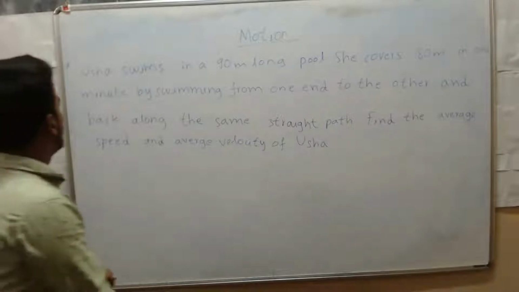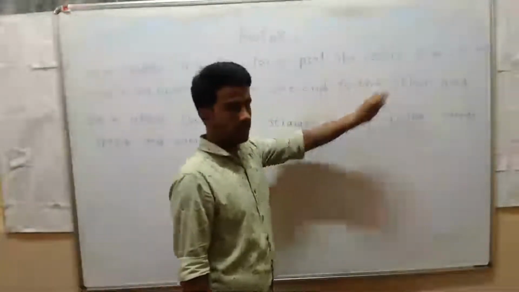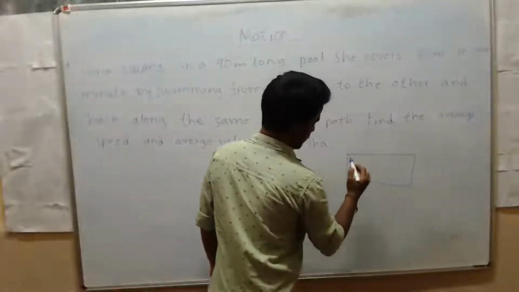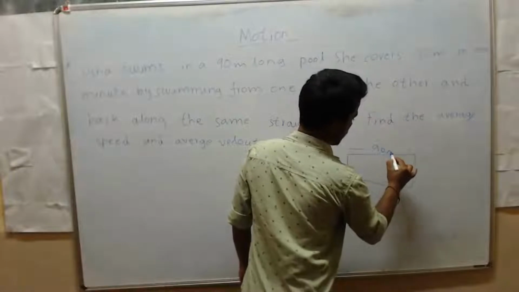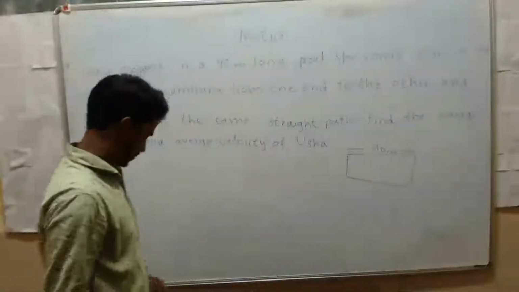See here. Usha swims in a 90-meter long pool. So just imagine one swimming pool, and say it is 90-meter long. The distance from this end to this end is 90 meter.